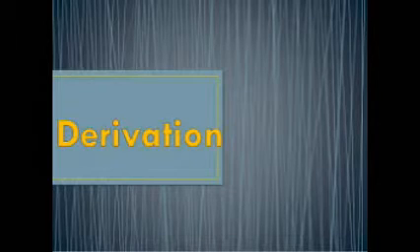Now let's look at what derivations are. Derivation is a main process of word formation by which one word is derived or formed from another. Most commonly, they are formed by adding affixes to the base form. This brings about a change in the meaning.